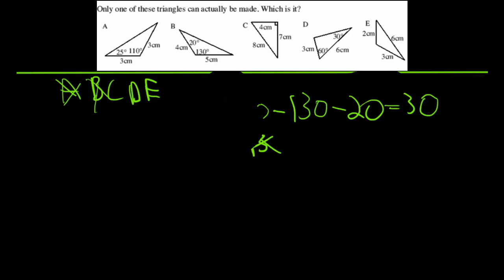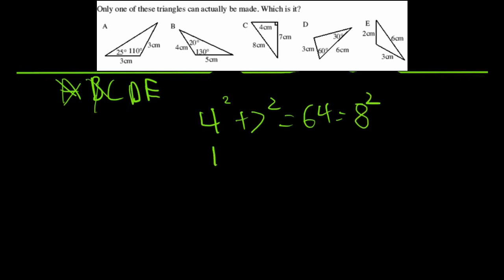Okay, so next we'll consider C. So C is a right angled triangle, and because it's right angled, it should obey Pythagoras' theorem. So if triangle C can be made, 4 squared plus 7 squared should equal 64, which is 8 squared.